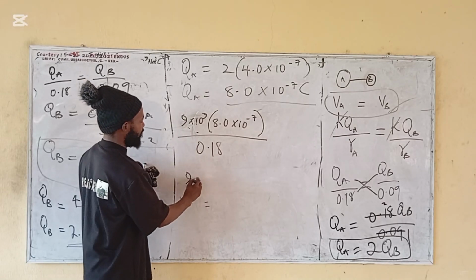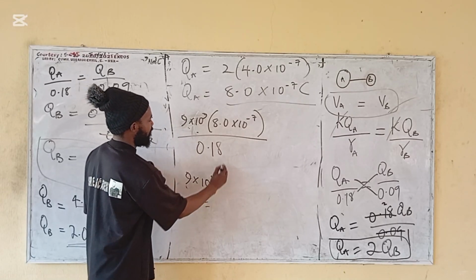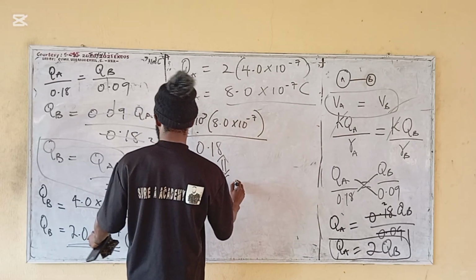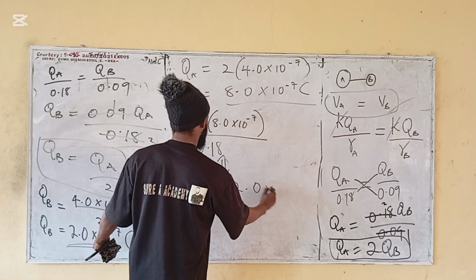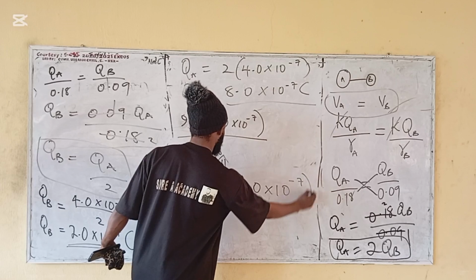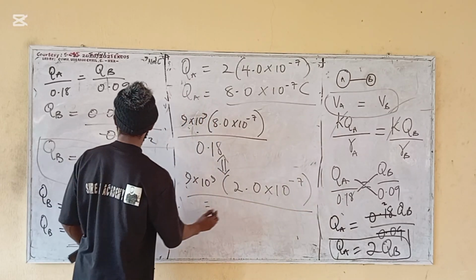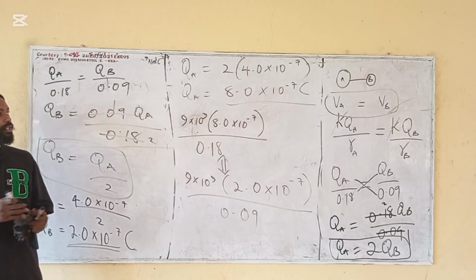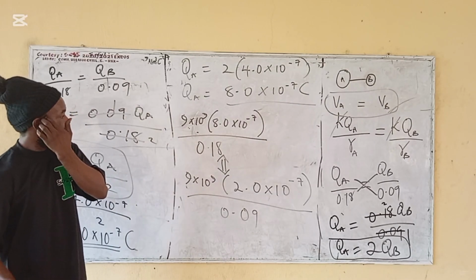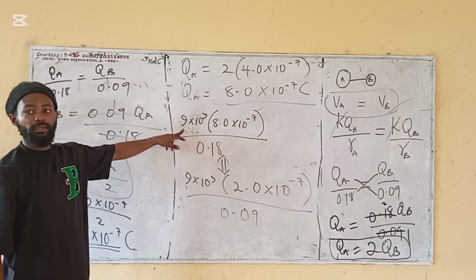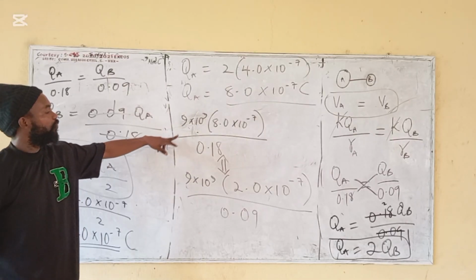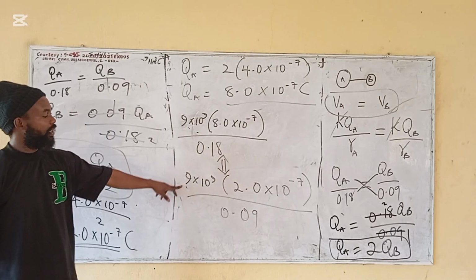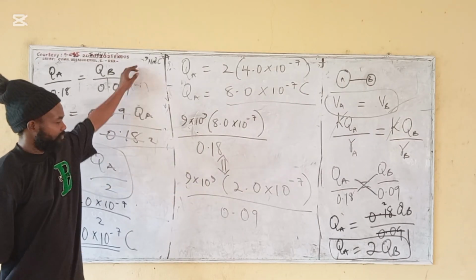Then after it, do 9 times 10 to the power 9 times 2.0 times 10 to the power minus 7, divided by RB, which is 0.09. What did you get for the first one? 40,000. You got 4.0 times 10 to the power 4.